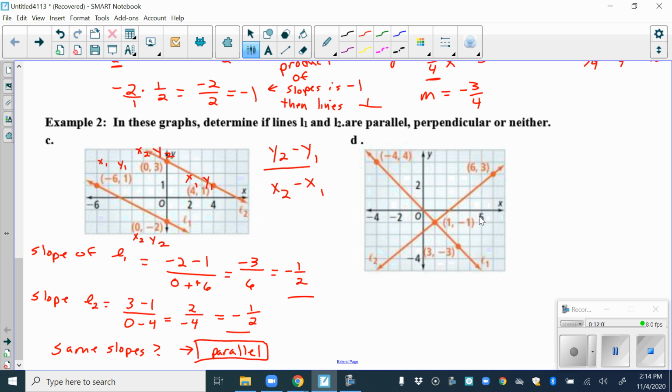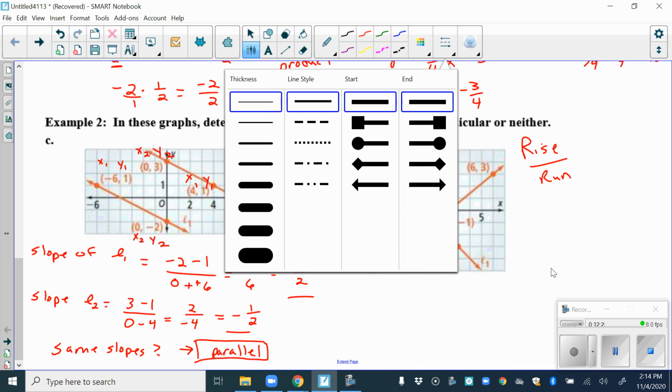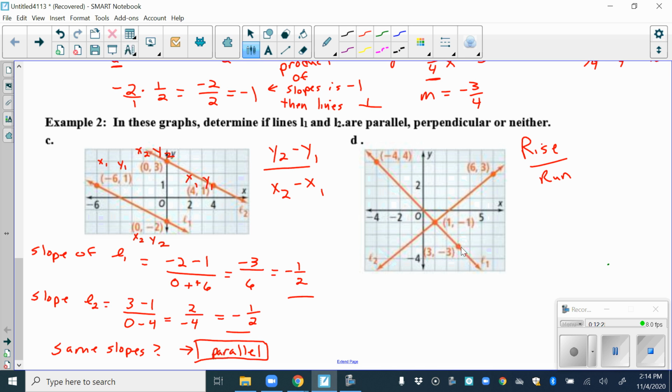Okay. This one over here, I'm going to find it by using rise over run. Let's do rise over run for this one instead of the formula. So if I look at line 1, here's line 1. I'm going to use a different color here so it shows up a little bit better. If I do line 1 and to find the slope, I'm going to go from this point to, I can actually use this point right here.